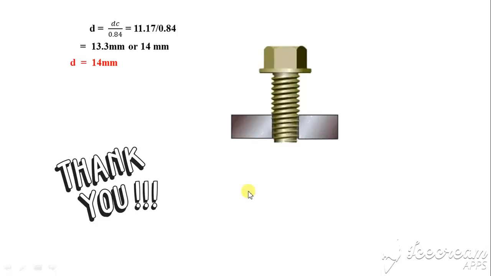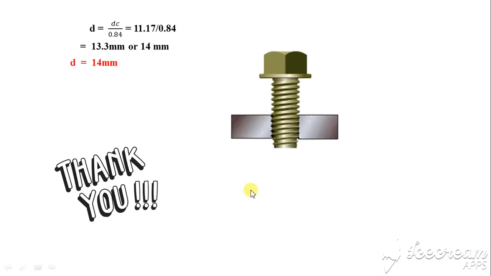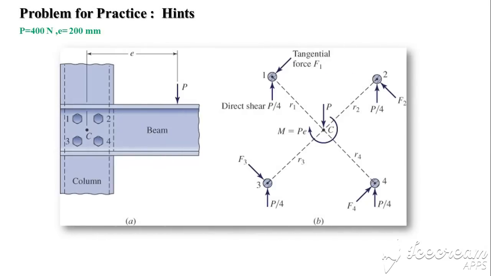I hope you have watched all the previous content to understand this numerical. It will help you to understand the concept. A few problems are given here for practice which will help you to build the concept again. The answers are described in the comment section. Here the column and the beam have 4 bolts, with geometric center to load applied.